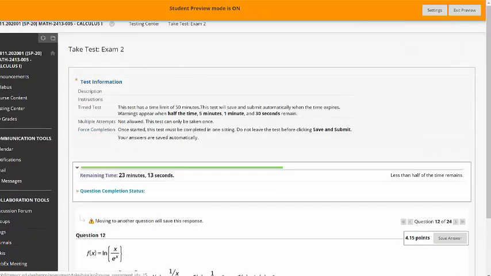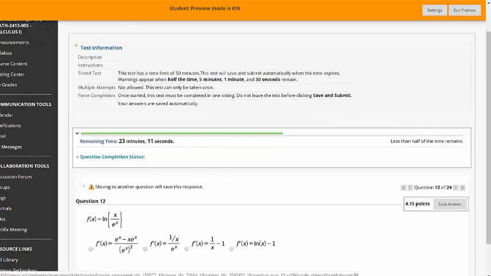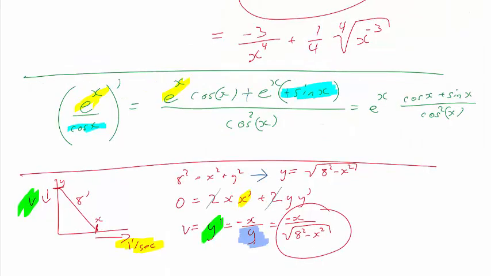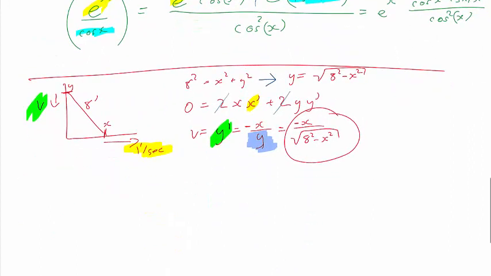Alright, natural log of x over e to the x. This is a chain rule problem. Furthermore, natural log, so you just take the derivative of the inside function and divide it by the original inside function. So let's go ahead and work this out. Our answer is simply going to be, x over e to the x goes in the bottom.